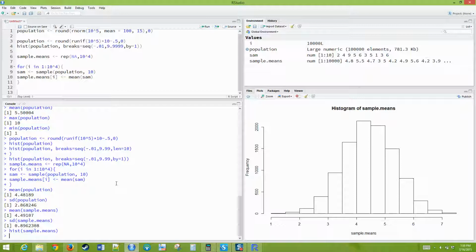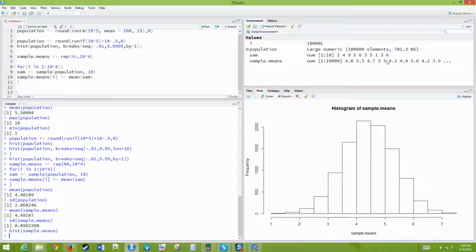Okay, we see that when I sample my 10 digits, the most common number to get is between 4 and 5, about 4.5, and that makes sense. Looking at some of my samples and some of the sample means that we might get, we see we got a mean of 4.8, a mean of 5.5, a mean of 4.7.